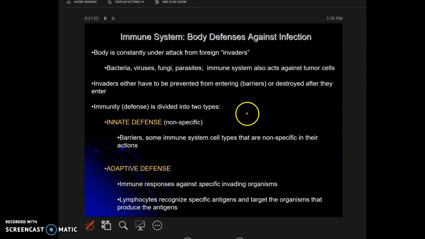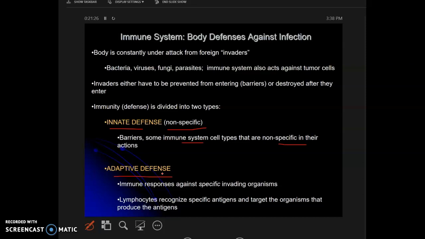So there are basically two types of defense against infection. One is the innate. Innate is the one that you are born with, and adaptive is the one that is specialized. All right. So innate is the non-specific. You're born with these. These are the barriers, immune system, that are non-specific. Adaptive is something that is very specific.